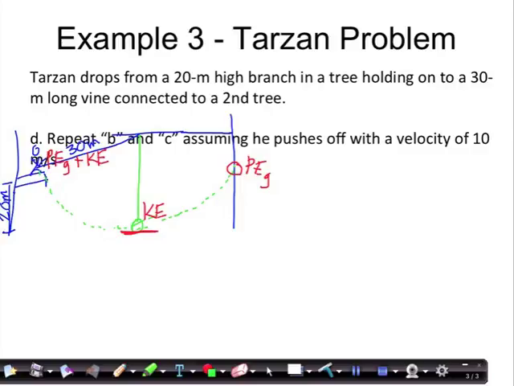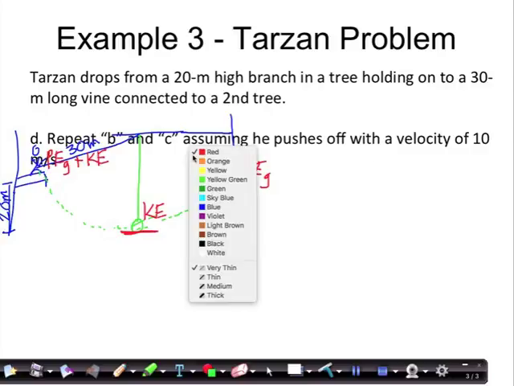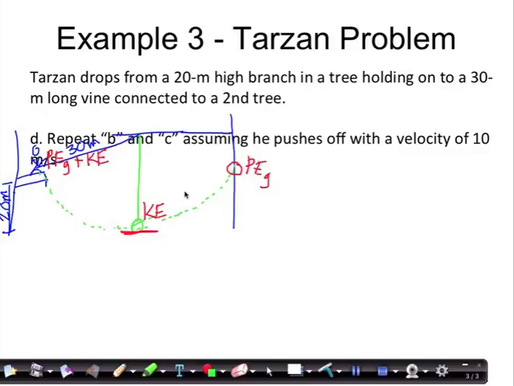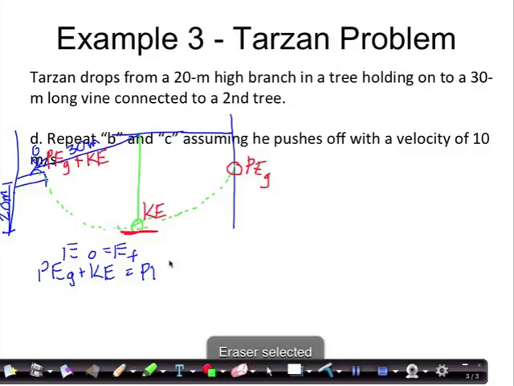That's the only thing that changes. Let's solve for this so we can see that energy initial equals energy final. The energy initial is this time gravitational potential energy plus kinetic energy equals solely, we have to do part B before we can do part C, solely kinetic energy.